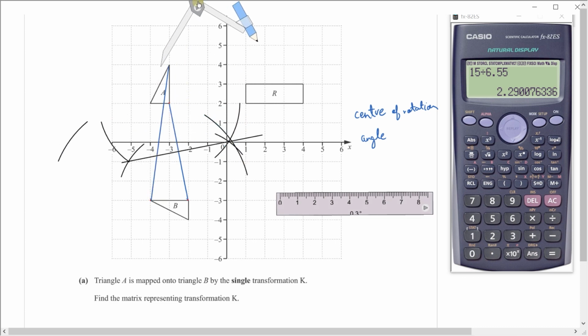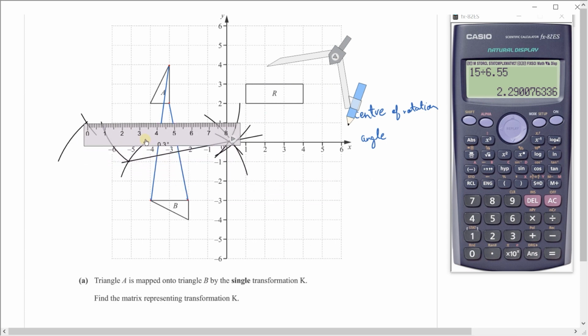And then without changing the length of the compass, I will position it at this point and then draw an arc here and then draw an arc here. So this is the point where the two arcs are intersecting. So let me join these two as well.